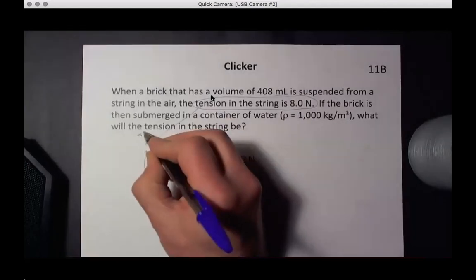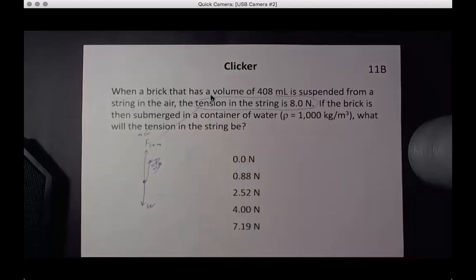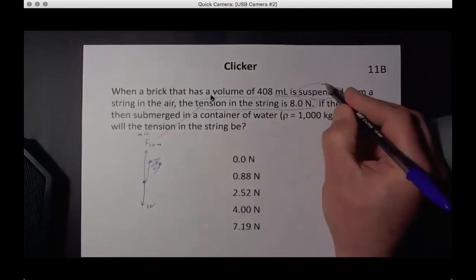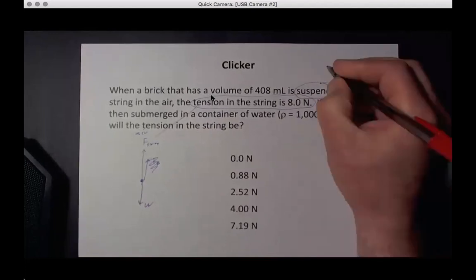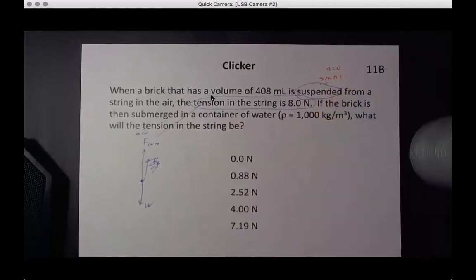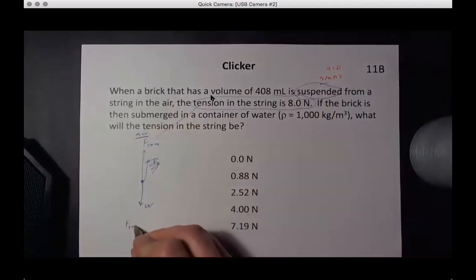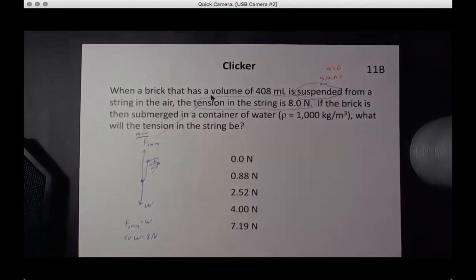But do air first. And the weight's going down. And it's suspended, so that's static. a is equal to 0. And so in the air, F string is equal to W. So W is equal to 8 newtons.